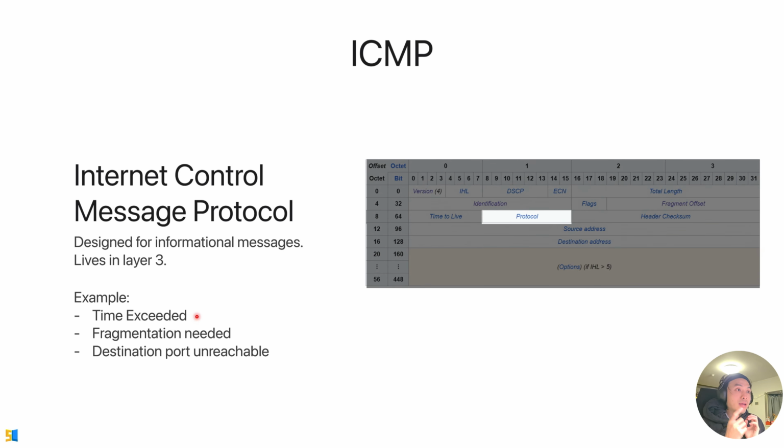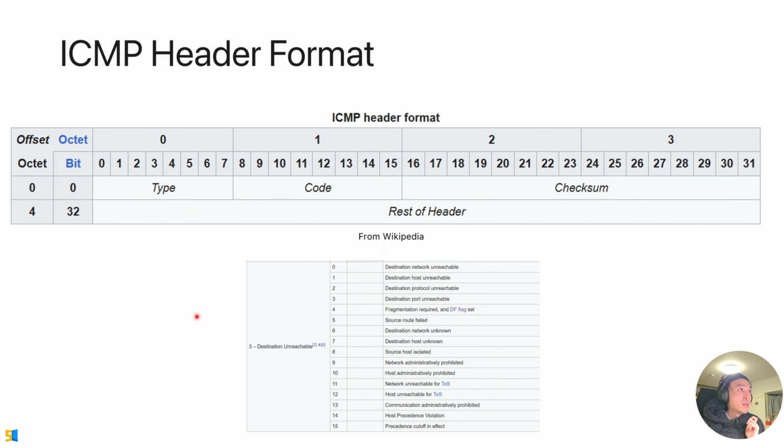So the protocol, as I said before, is a number, right? For example, if the number is 1, that is for ICMP. So this is the header of an ICMP message. It has type, code, checksum, and the rest of the header.